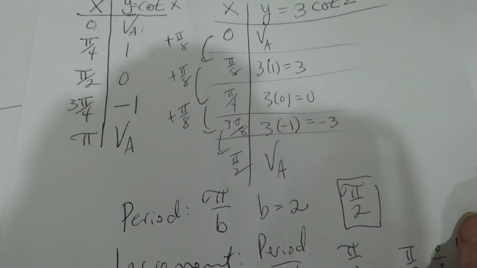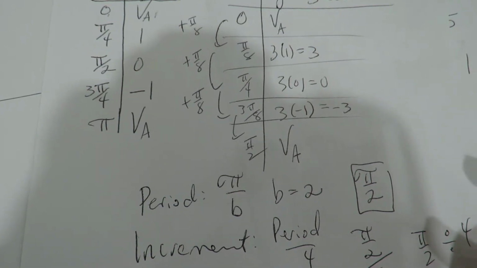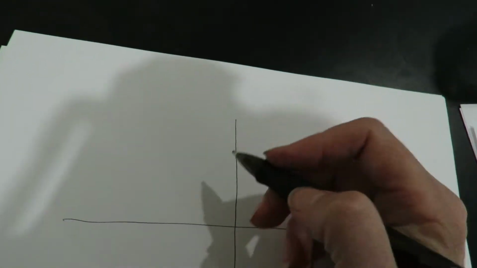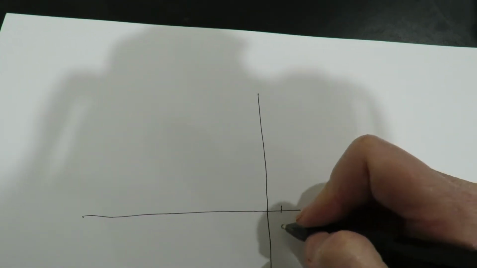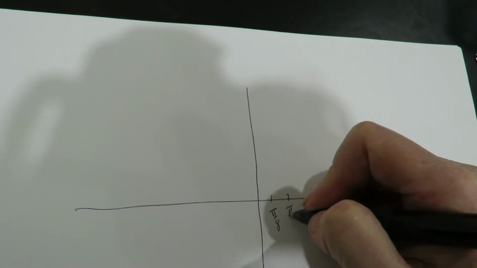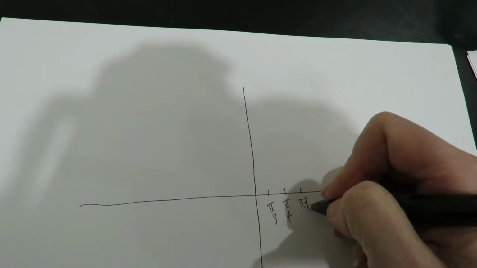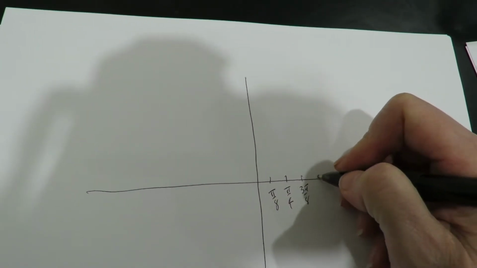All right, I'm just going to look at these numbers for a minute so I can scale it. The x's are really tiny, the y's are really large. All right, so pi over 8, pi over 4, 3 pi over 8, pi over 2.